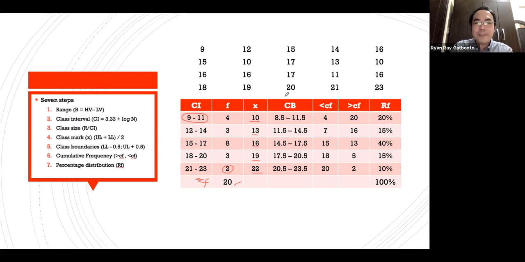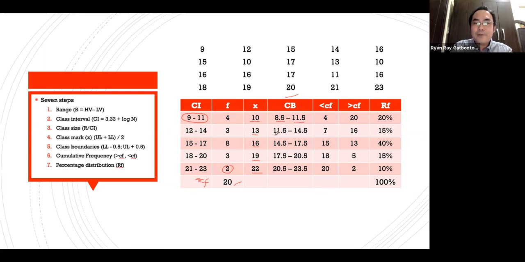The next step, step 5, is to determine your class boundary. Your class boundary is determined by subtracting 0.5 from your lower limit and adding 0.5 to your upper limit in your class interval. So the class boundary for this class interval is 9 minus 0.5, which is 8.5, while for the upper limit, 11 plus 0.5 will be 11.5.